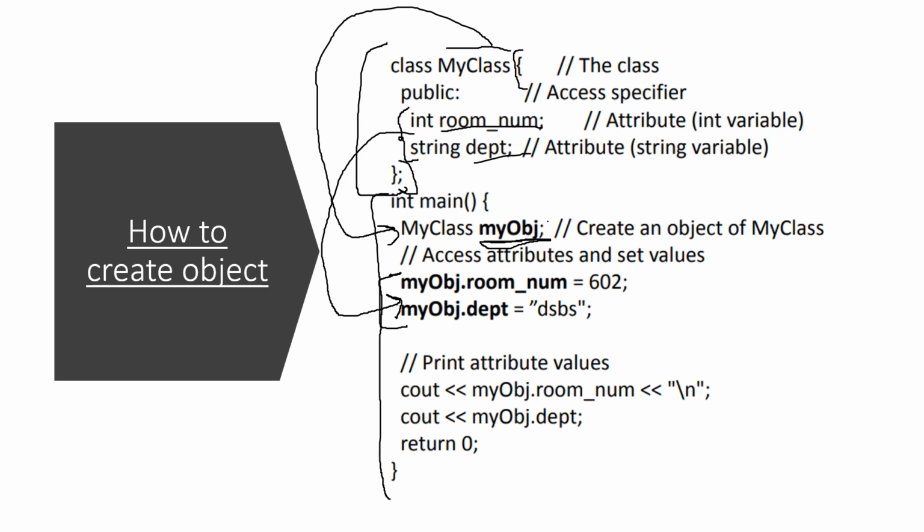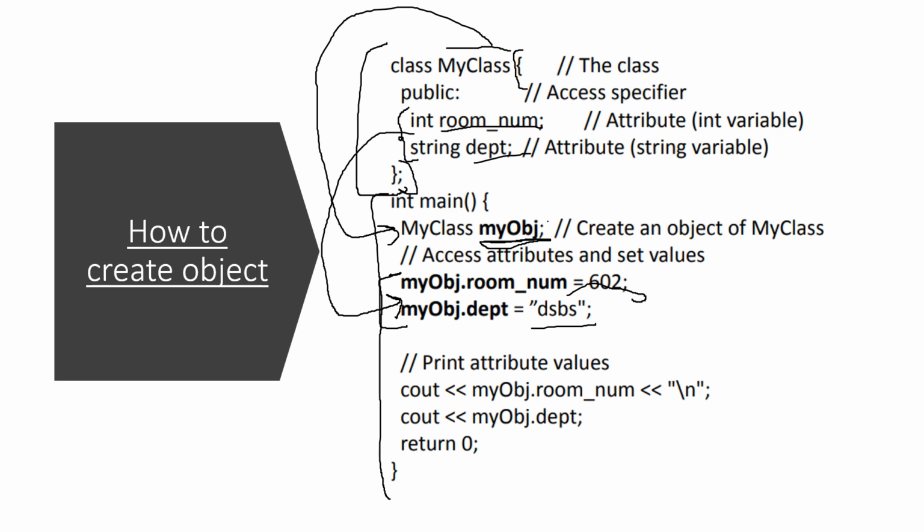This is the syntax for calling an attribute from the object. What we had specified in the class, we bring to the object with a dot and then call the specific attribute. Now we assign the values. Here it is 602, and DSPS is a random department name.